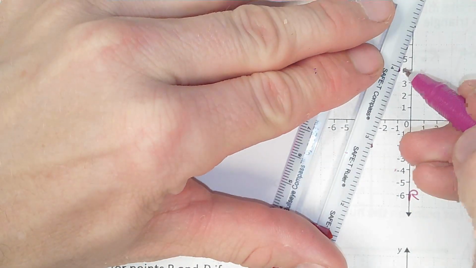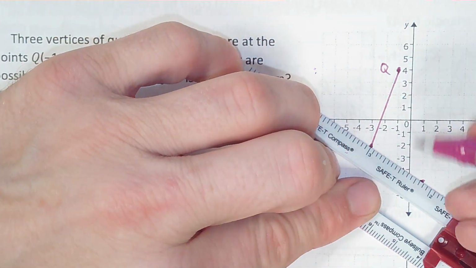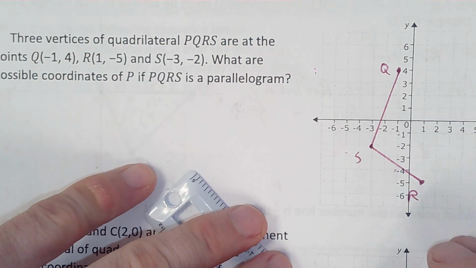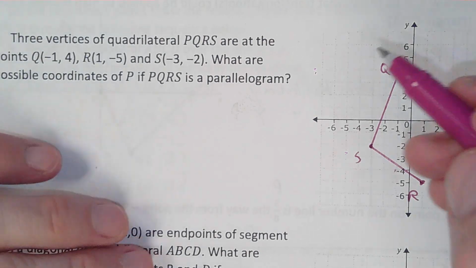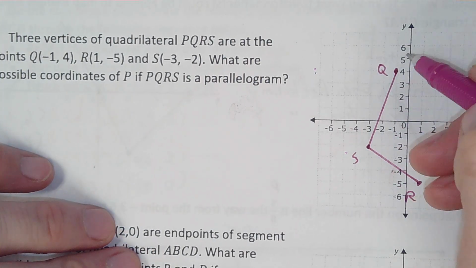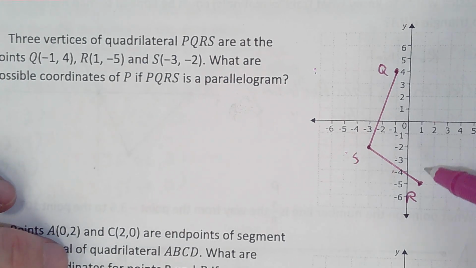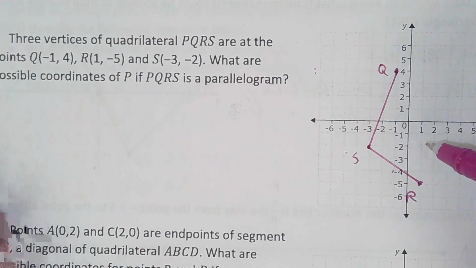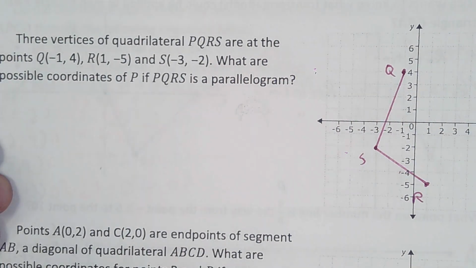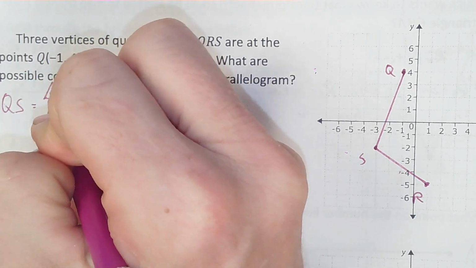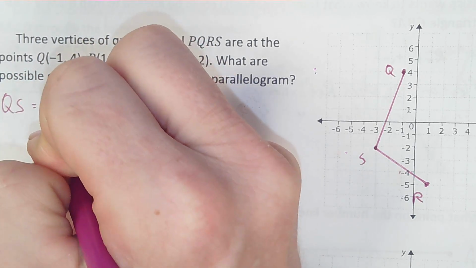And combined together, we now have all of these 3 points, and we need to find the 4th point, which is going to be up here somewhere. So we need to figure out the slope of QS and the slope of SR, and then extrapolate 2 lines based upon those 2 slopes and see where they intersect. Okay, so the slope of QS is the change in y over the change in x.